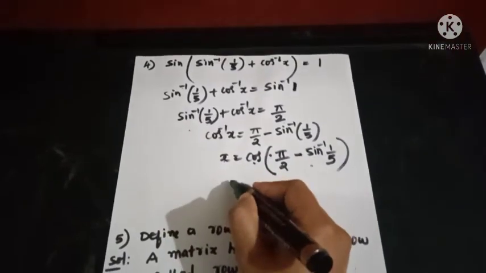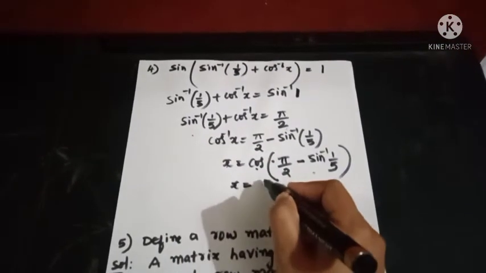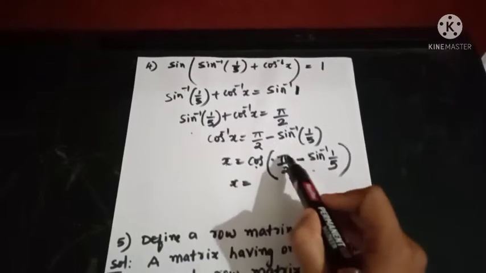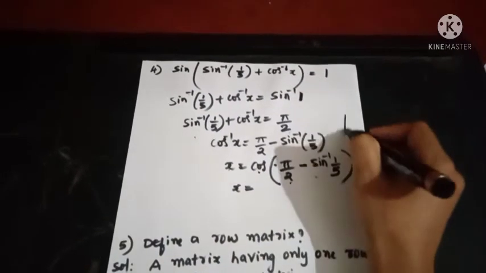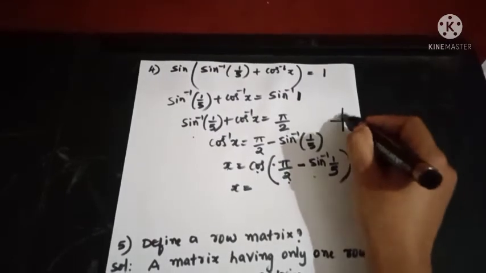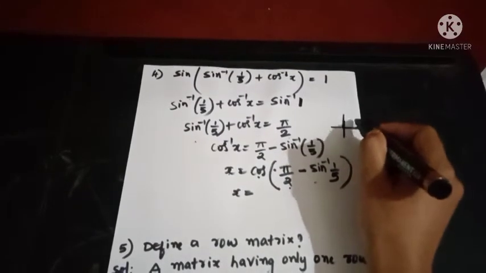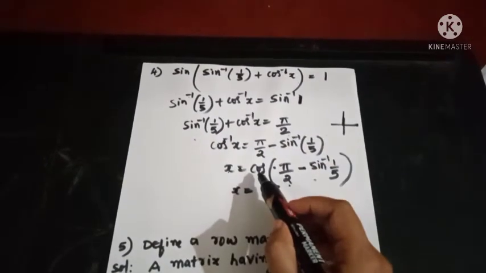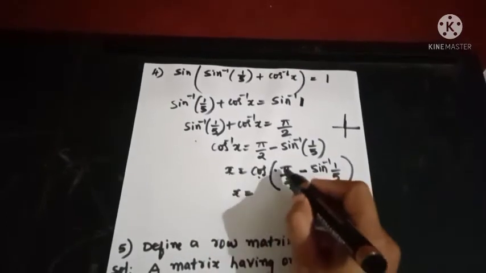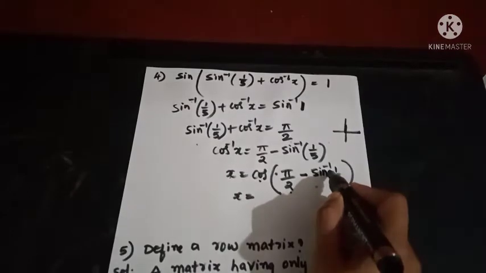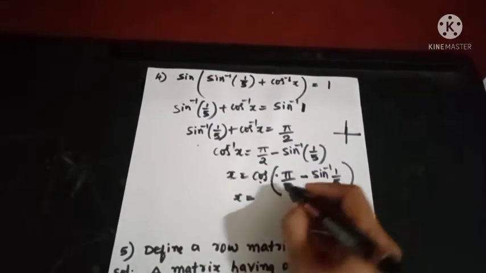Pi by 2 minus some angle is in the first quadrant, and cos of pi by 2 minus theta is sin theta.